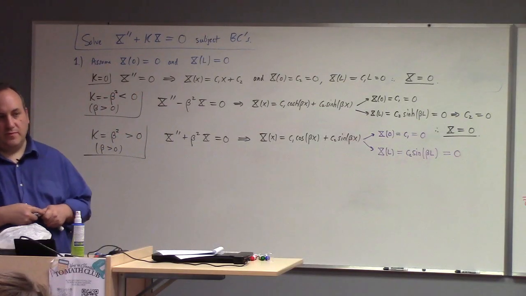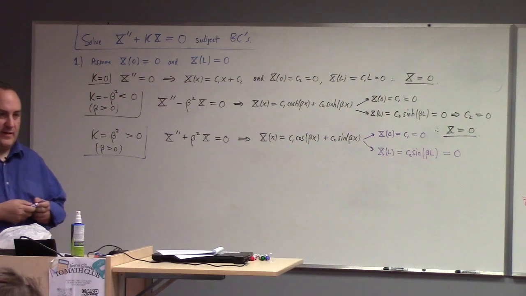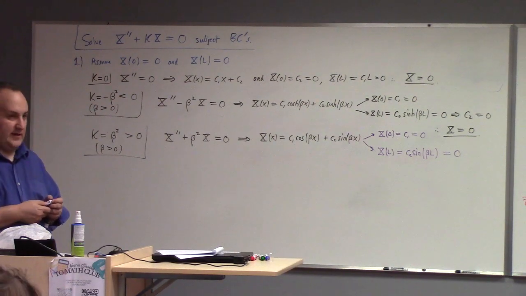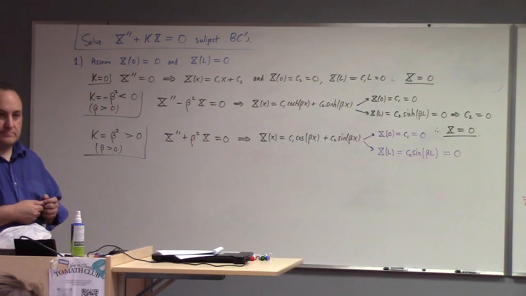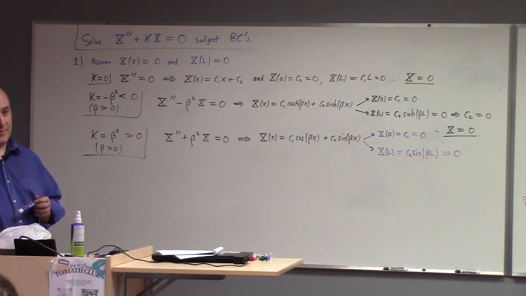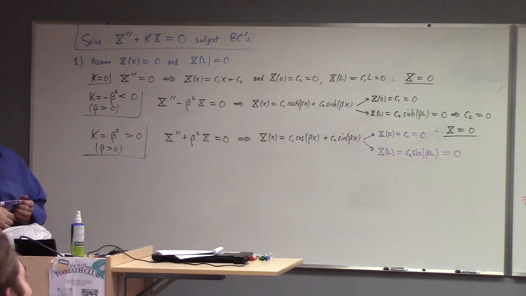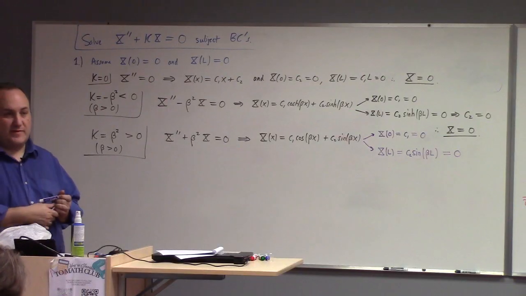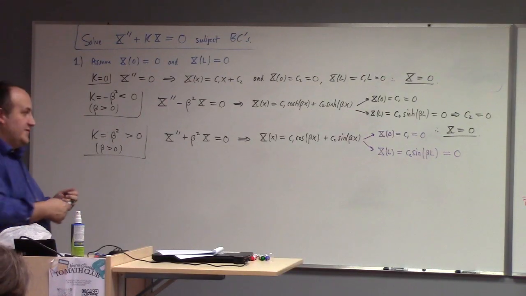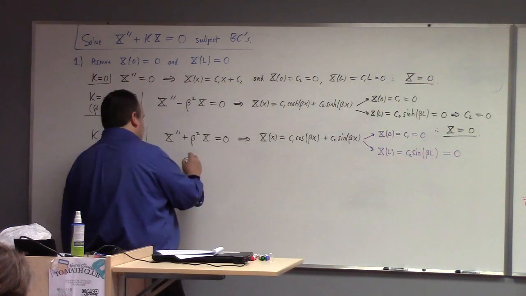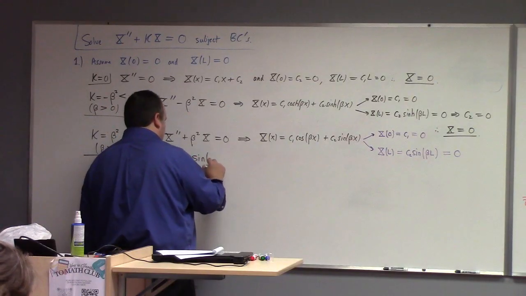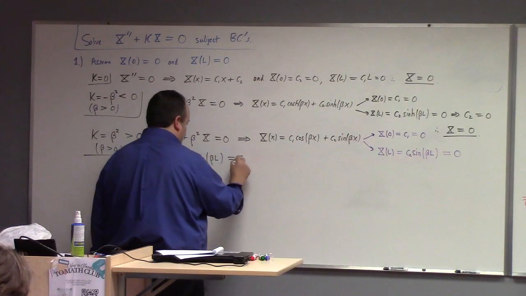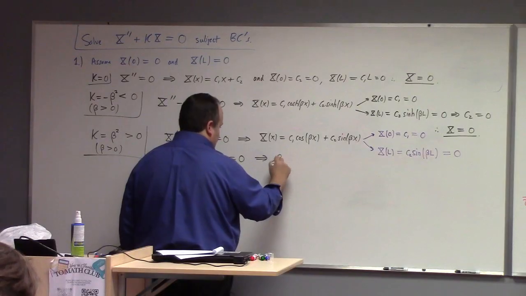Now there's hope in as much as we understand trigonometry. How can sine of beta L be 0? If C2 is 0, everything's over again, right? We want C2 to be non-zero. It must be that the sine of beta L is 0. What does that say? What are the solutions? Beta L equals what?